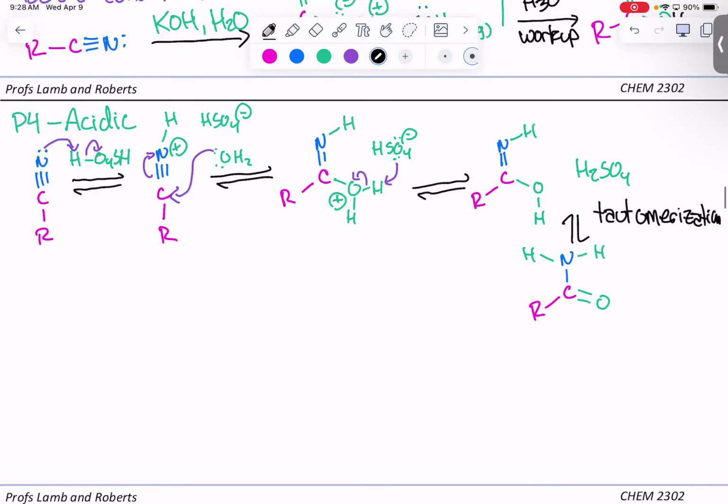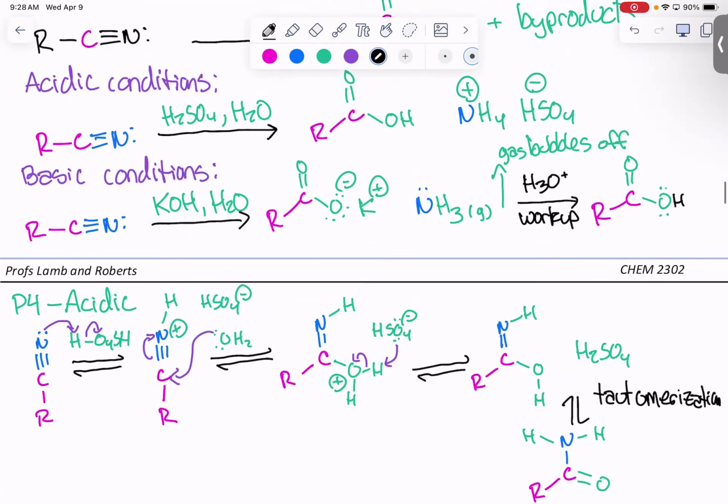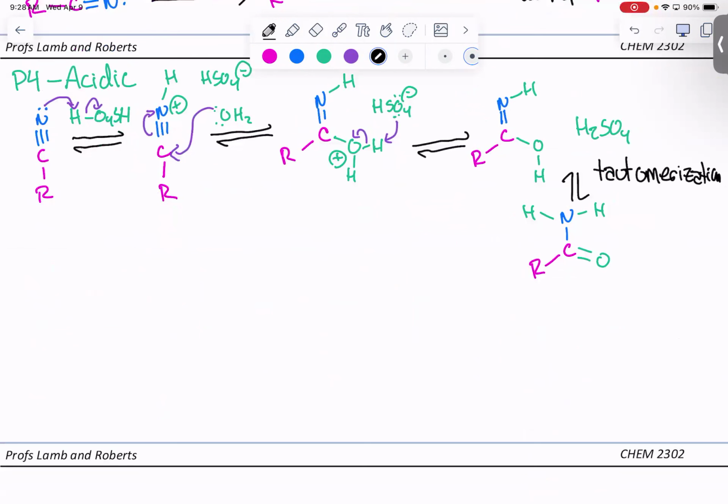It's getting much closer when we check in with our product that we need a carboxylic acid and we need nitrogen. So for us to be able to see this a little bit better, I'm going to draw this in a way that you're a little bit more familiar with, which is to have our amide here. All I've done is just move this molecule about 120 degrees and flipped it over.